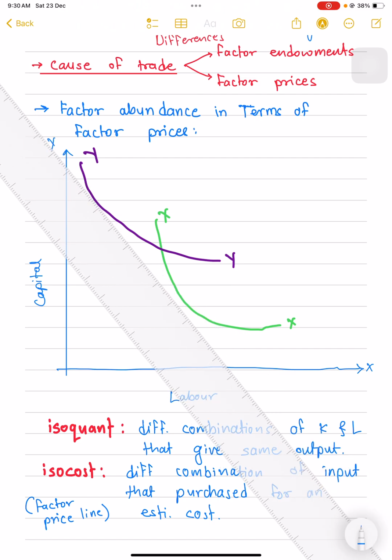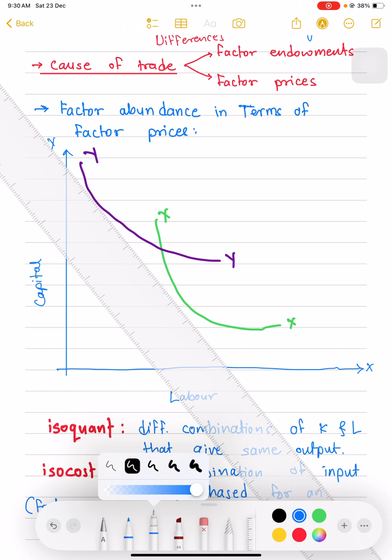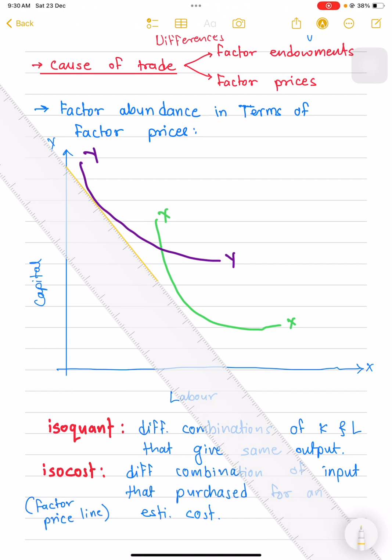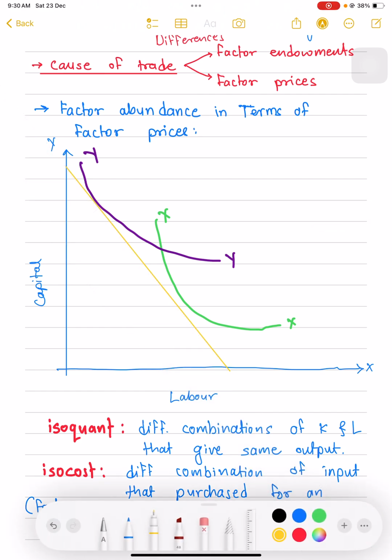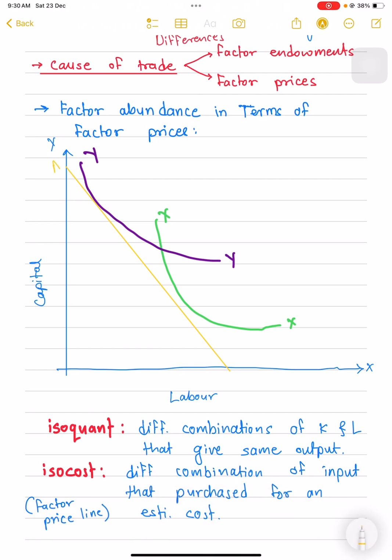This is the isocost line for country A, denoted by A1.